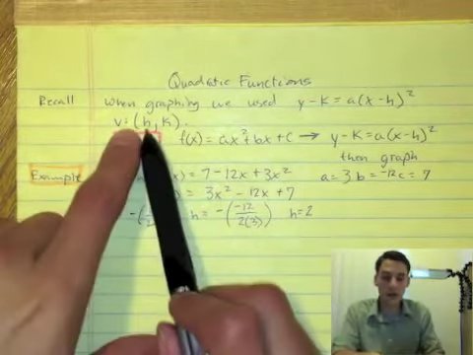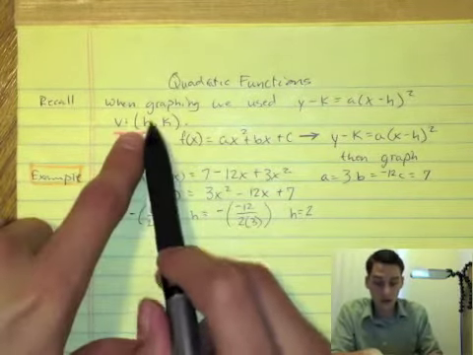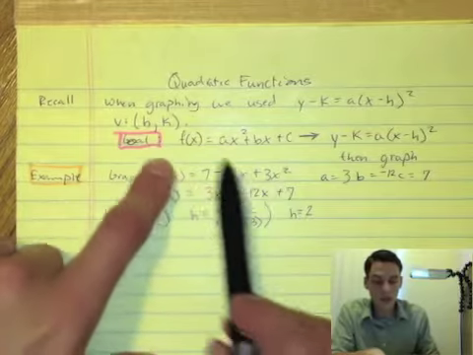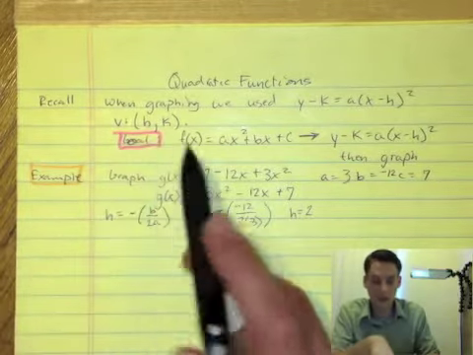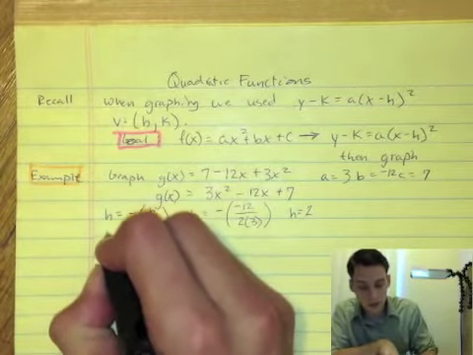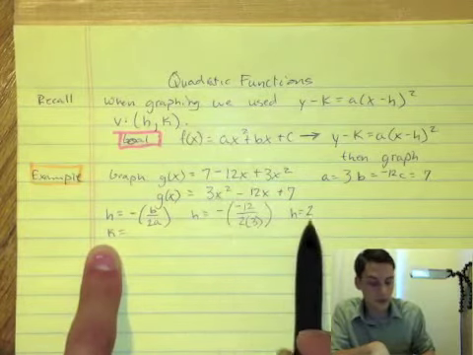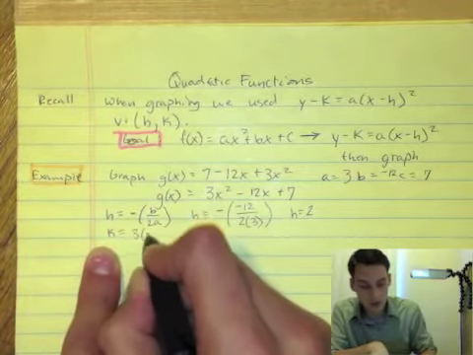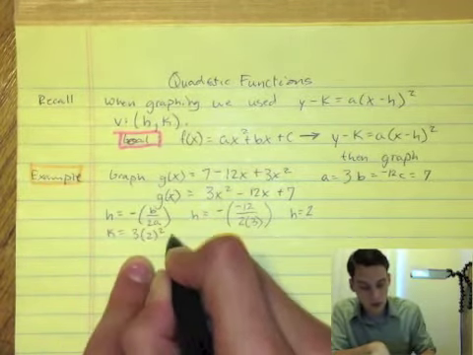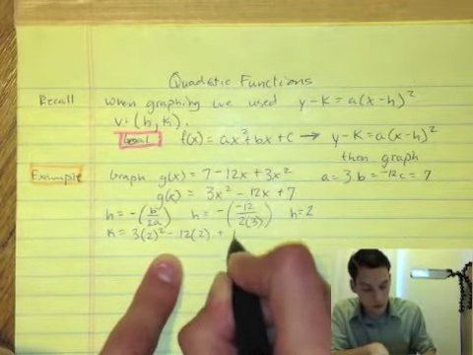Well, I said earlier that h was an x value. So since h is an x value, I can plug it into my equation and find the y value, which would be k. So to find k, I take h and plug it in for x. So k will equal whatever I get when I plug in 2 for x. 3 times 2 squared minus 12 times 2 plus 7.